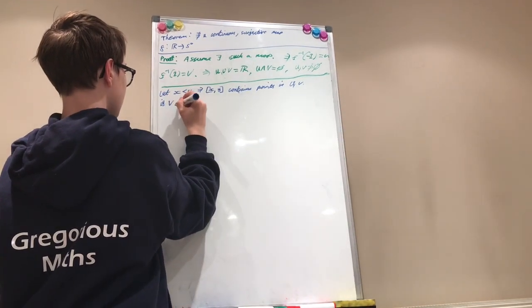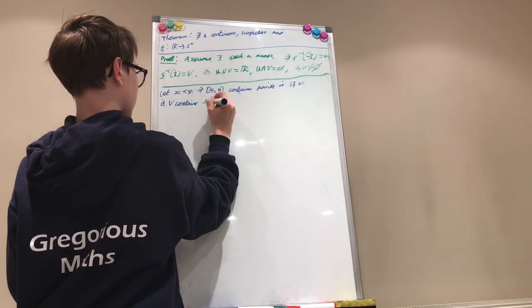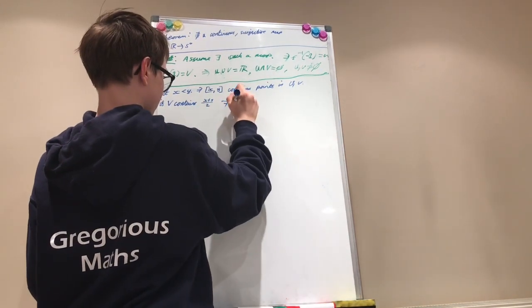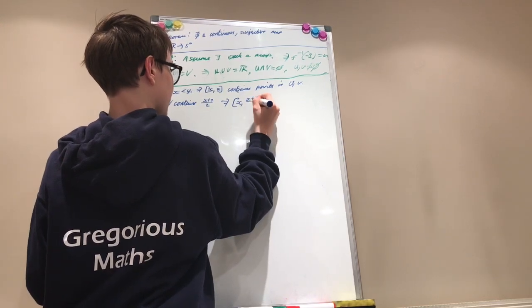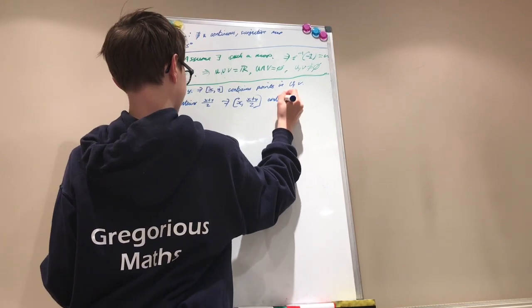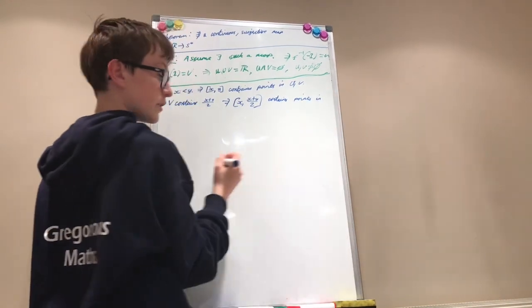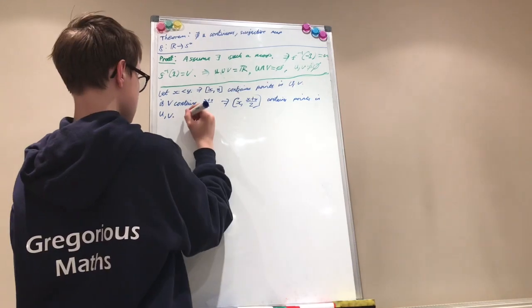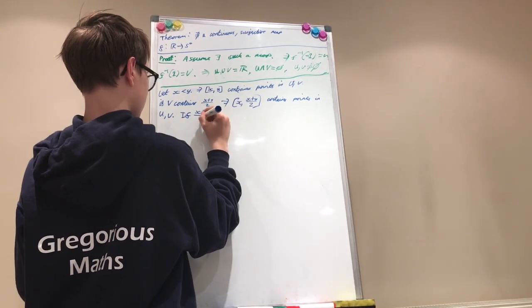If V contains (x plus y)/2, so this is the midpoint, that means that the closed interval about x and (x plus y)/2 contains points in U and V.